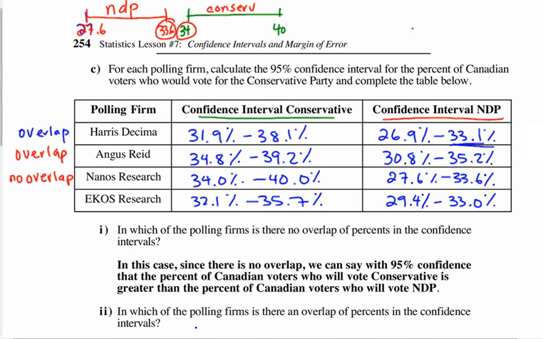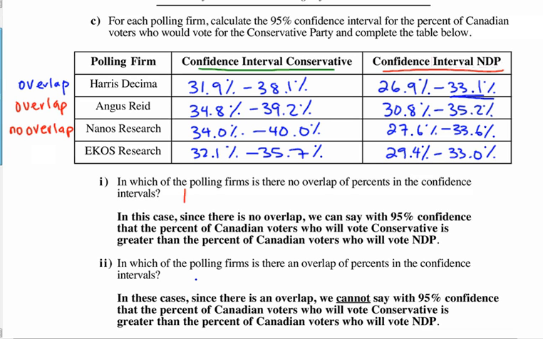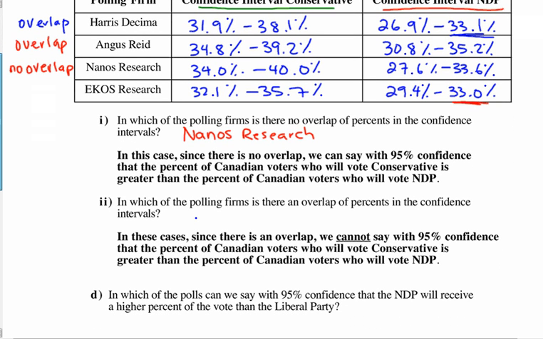So the one with no overlap is Nanos Research. And the last poll, if you look at 32.1 to 35.7, the high 33 is in between that range.